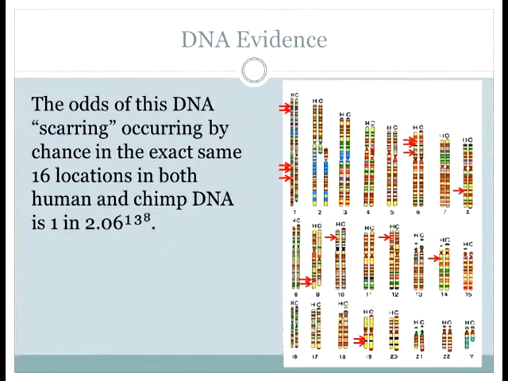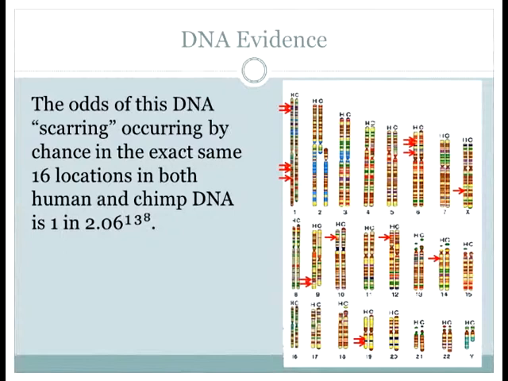Now, if these viruses were just randomly inserting themselves into both our DNA and chimpanzee DNA, the likelihood of them accidentally, randomly scarring the exact 16 same locations in both human and chimp DNA would be 1 in 2.06 to the 138th power. Okay, that's a number that's so large I couldn't even put it here on the slide.